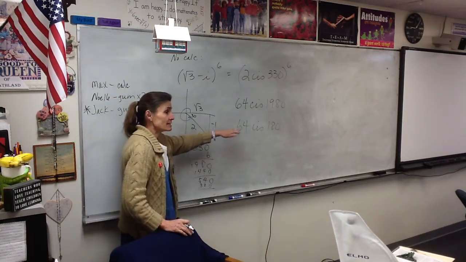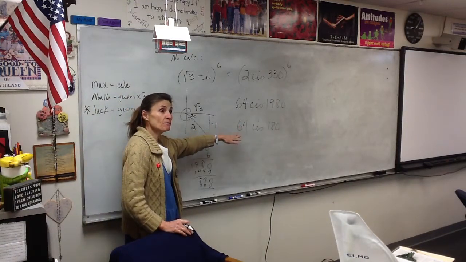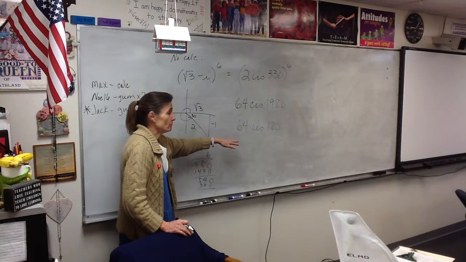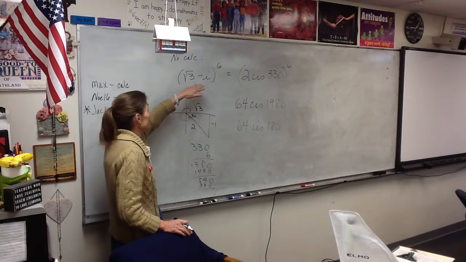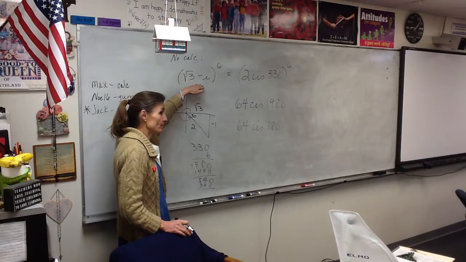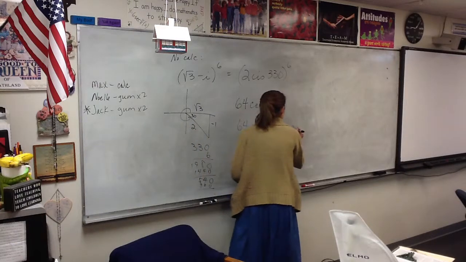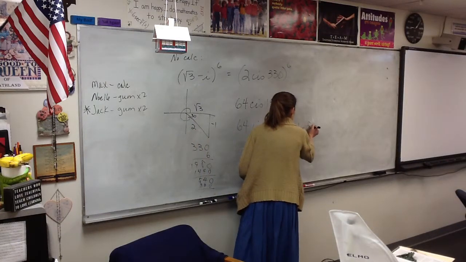Now, that is the answer if you are allowed to answer in polar form. Usually, if it starts in rectangular form, you're going to be asked to answer it in rectangular form. So this is okay for the polar form answer.